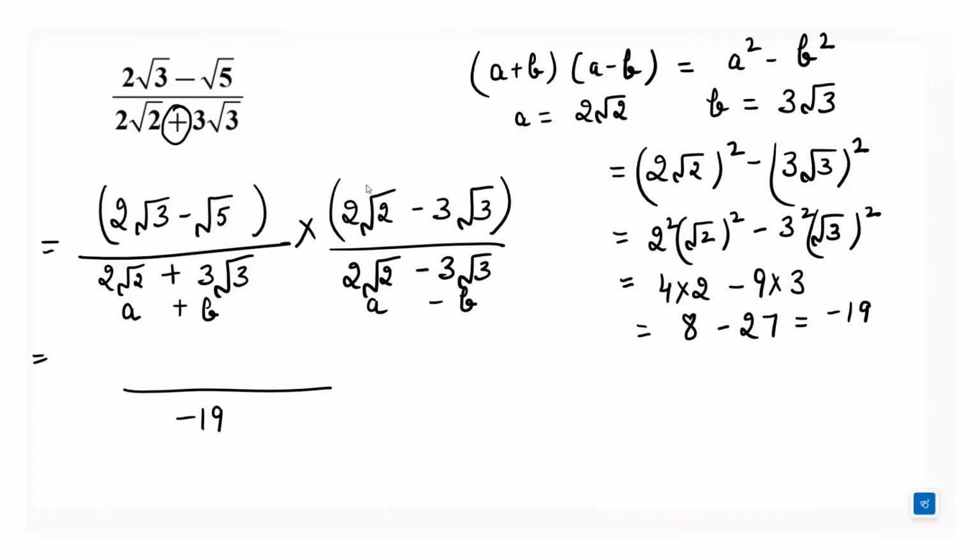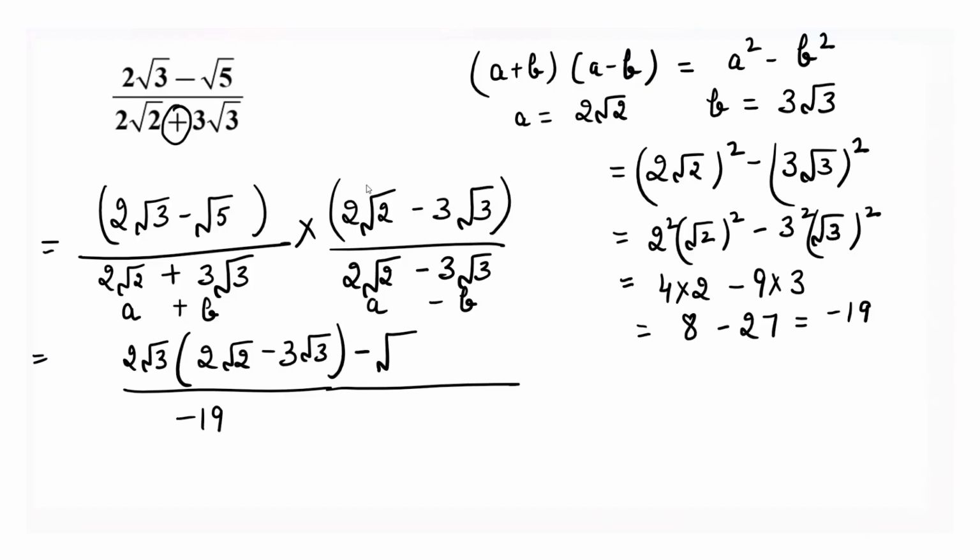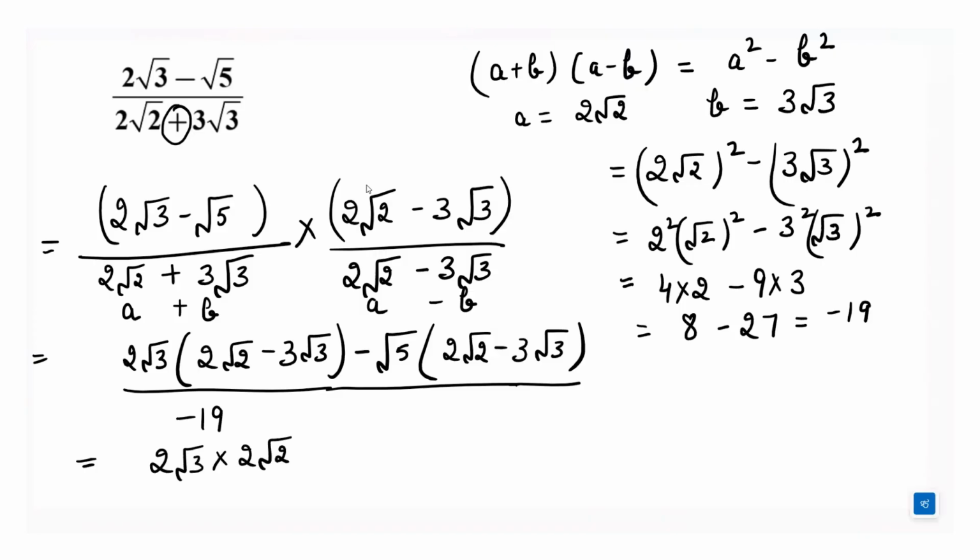Now in the numerator place, we have to multiply the brackets. So for that, 2 root 3, if I open the brackets, I will multiply it with 2 root 2 minus 3 root 3, and then minus root 5 we will multiply with 2 root 2 minus 3 root 3. Once we multiply, we'll get 2 root 3 into 2 root 2. Always write it down like that so that you will not make any mistake.